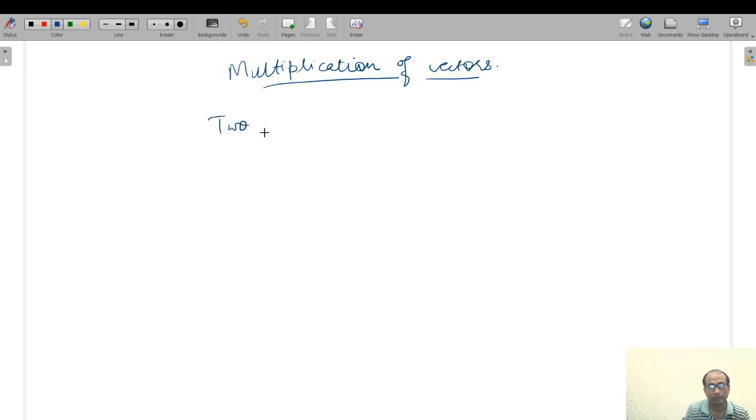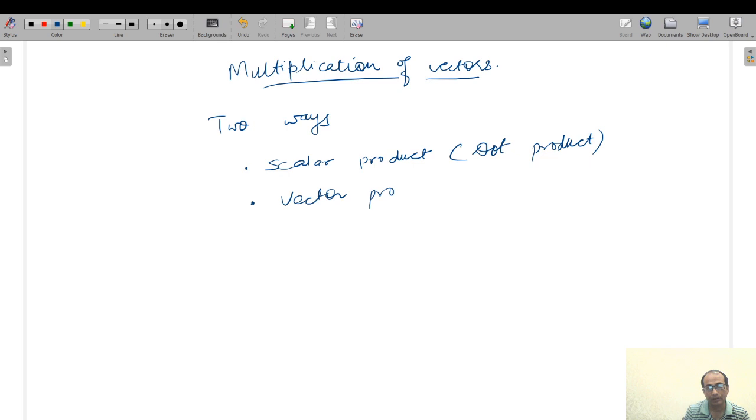So it is defined in two ways. One is what? Scalar product. This is also called dot product. So we call it dot product. And the other is the vector product, and this is called cross product.